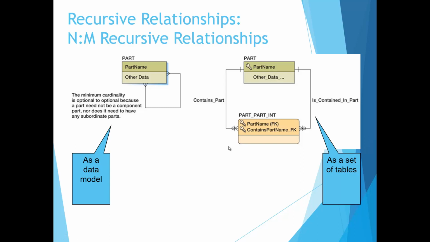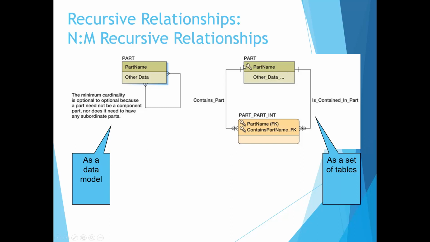In a many-to-many recursive relationship, once we convert the model into a database design, we use the part name as a foreign key in the part integration table. The part will either contain other parts or will be contained in another part, and that's why we have this kind of a loop.